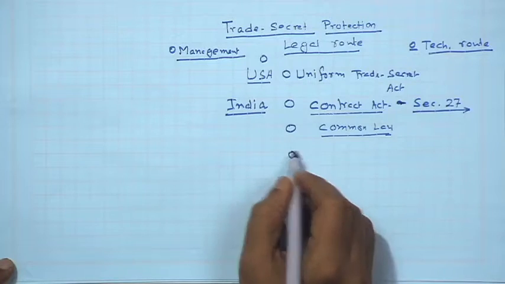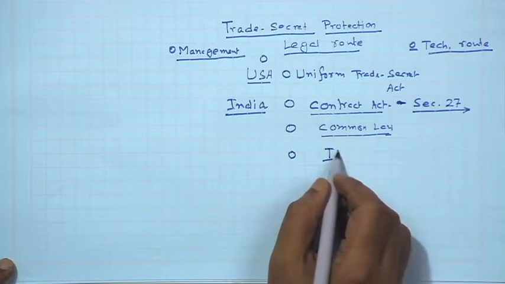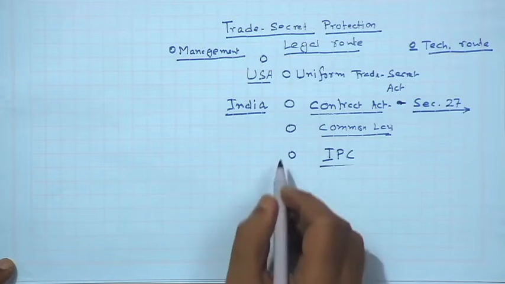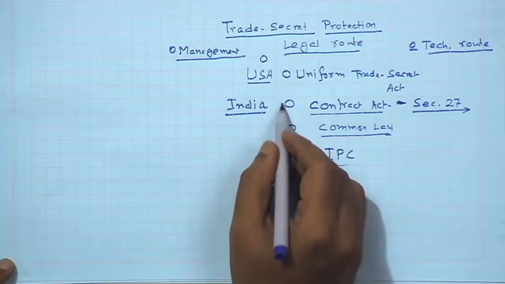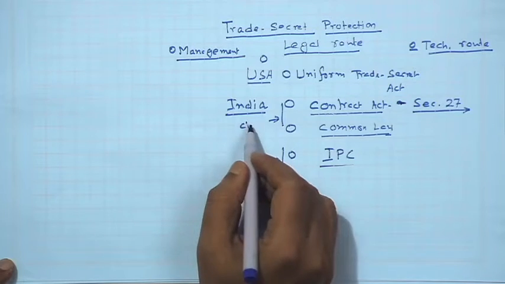I also consider the criminal part. So far we considered the civil part, within the purview of the Contract Act or common law provisions. But sometimes I try to put it within the criminal provisions.